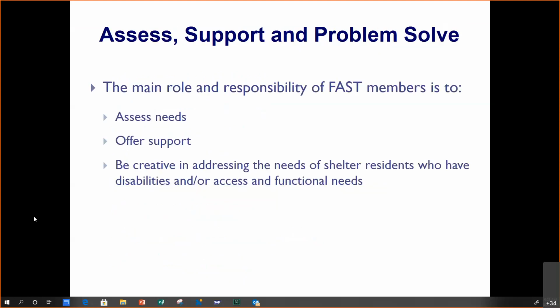So your main role as a FAST member is to assess, support, and problem solve. Don't be afraid to approach people and just talk to people, even if it seems like they are okay or don't need anything.